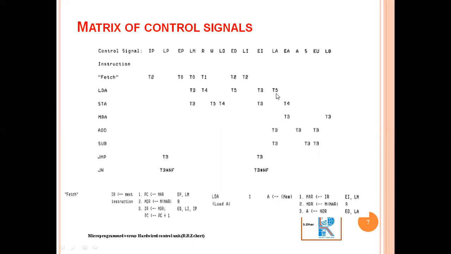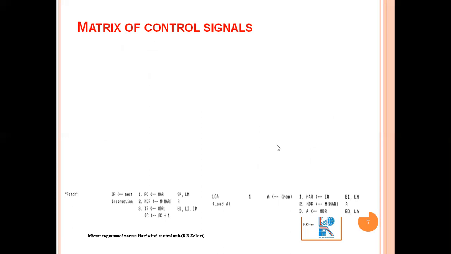I have already told that this should be T4. So LA is equal to LDA and T5, or add and T4, or sub and T4. Sorry, I made a mistake with T3, it is T4. Clear?